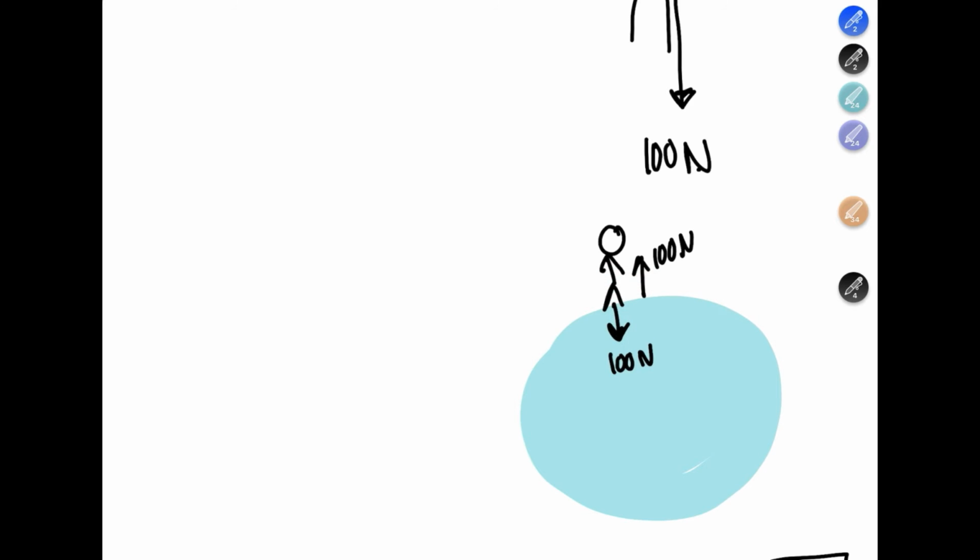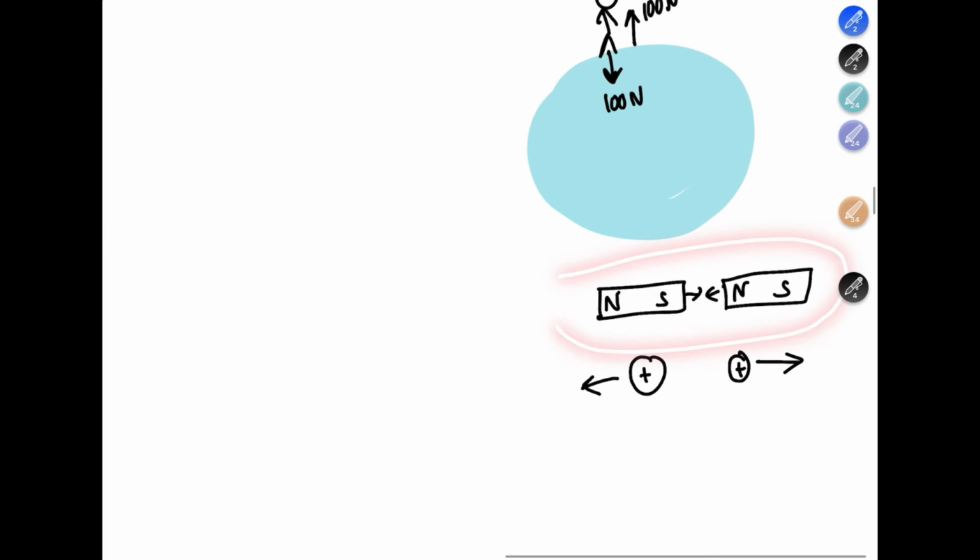It applies an equal and opposite force. So if you are applying 100 newtons on Earth, the Earth is also exerting a force on you of 100 newtons. This also happens between magnets, the magnetic force, equal and opposite. Same between two protons, equal and opposite, and they're being repelled from each other.